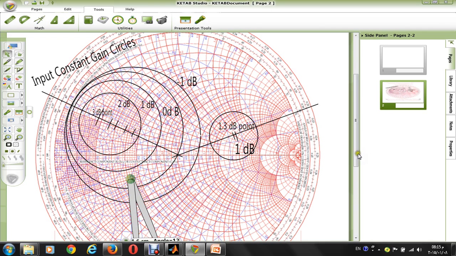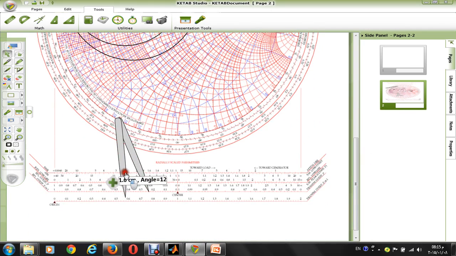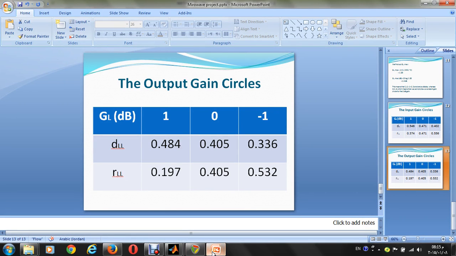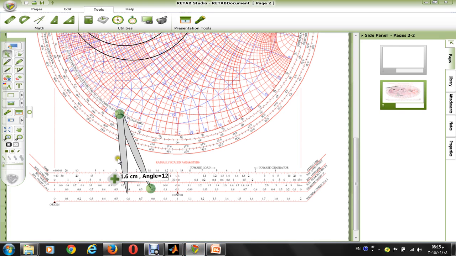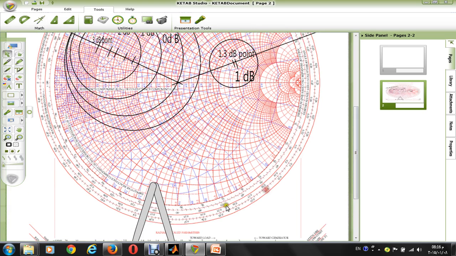I return back to the reflection coefficient scale and go to draw the gain circle of the 0 dB. We find that the distance is 0.405. Oh, I'm sorry. 0.405, which is approximately 0.4. This is the center of this circle.